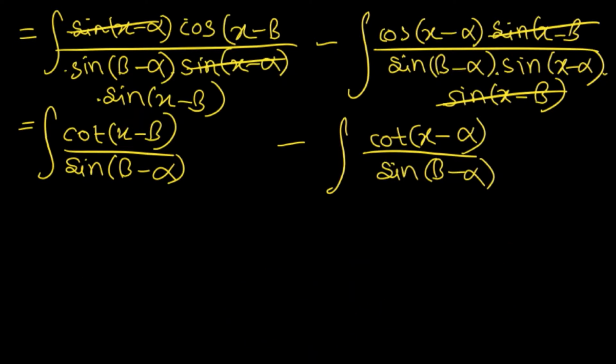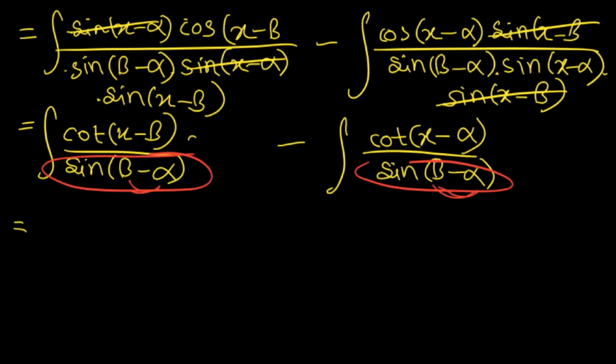Now here comes the trickiest part of the question: identifying which one is constant and which one is not. As I have already mentioned, beta and alpha are constants, so this total term is constant. So we can take it out of the integration.